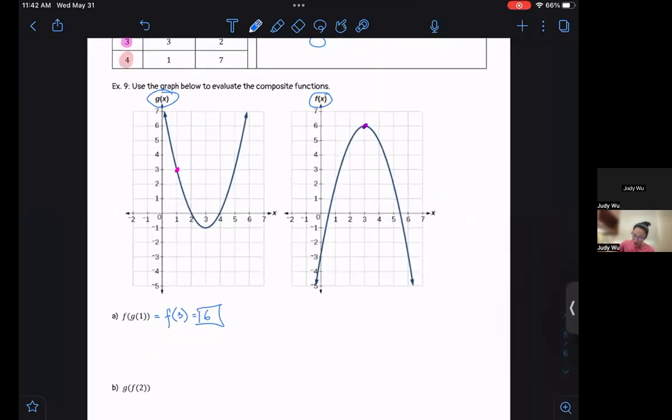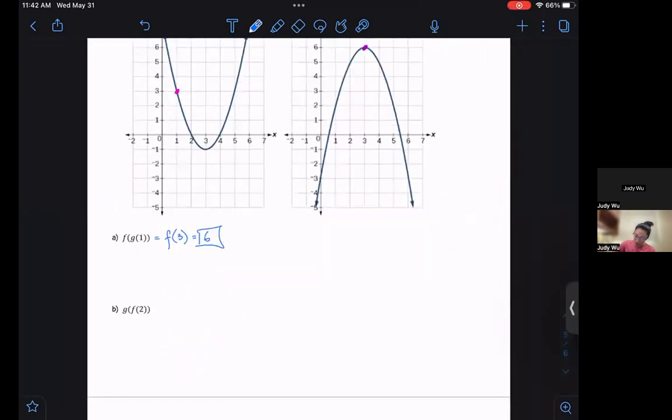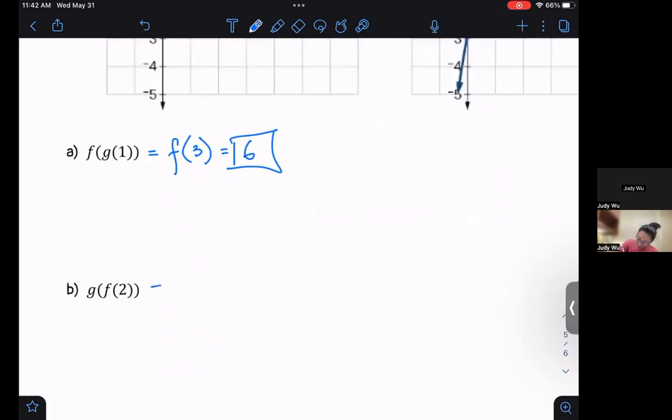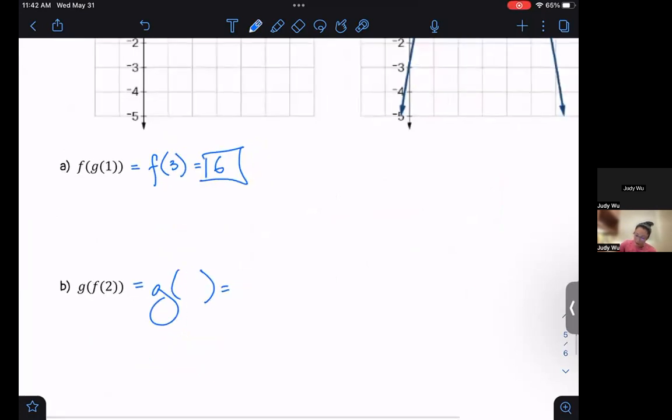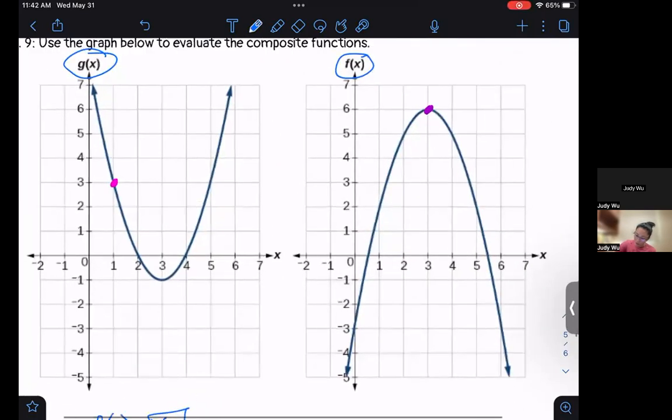It says g of f of 2. My friends, this means this time we start with the f graph, so g of whatever that output is. Let's go ahead and find f of 2 on this graph. f of 2 would be right here because this is where x is 2.